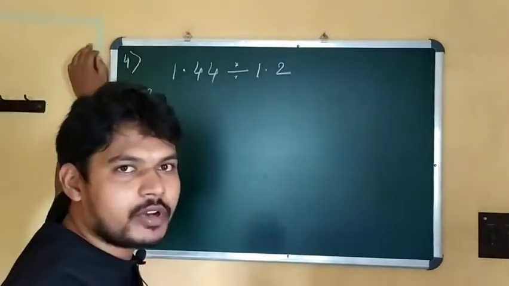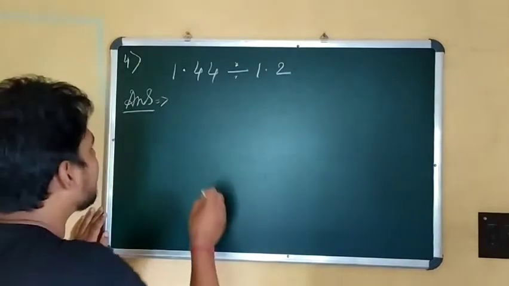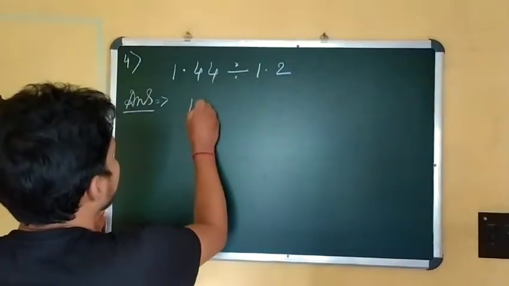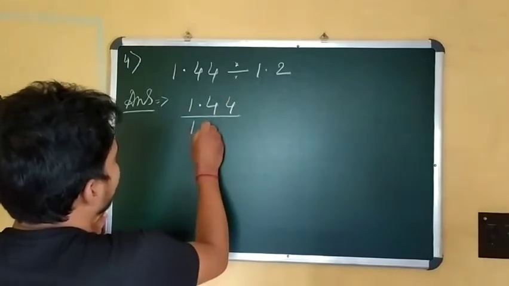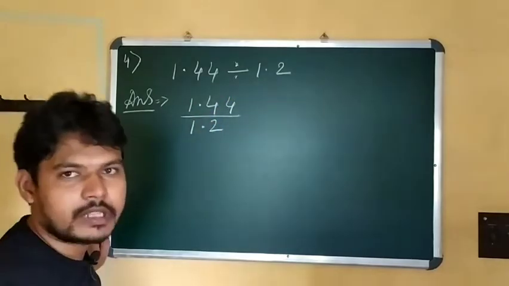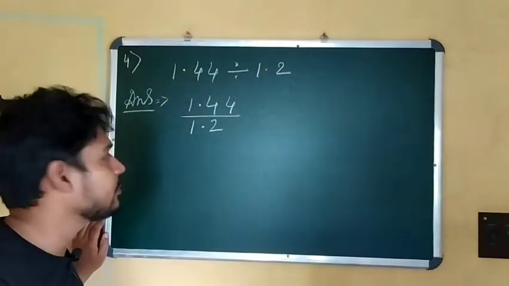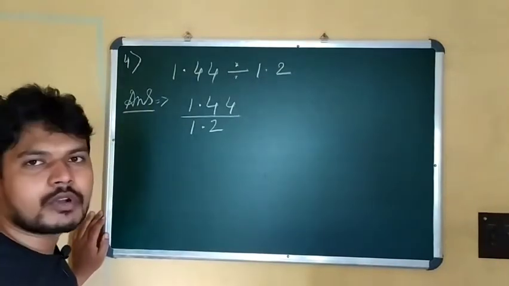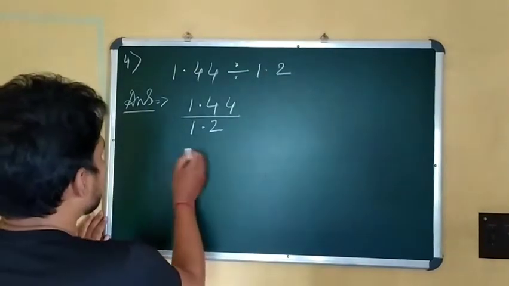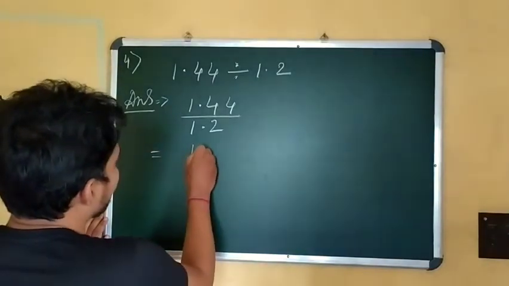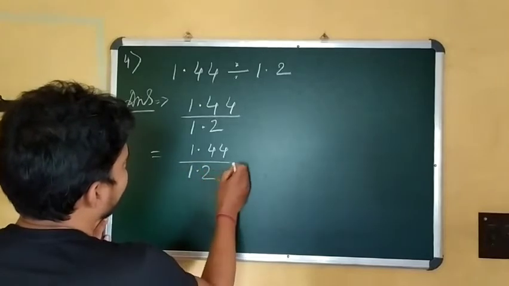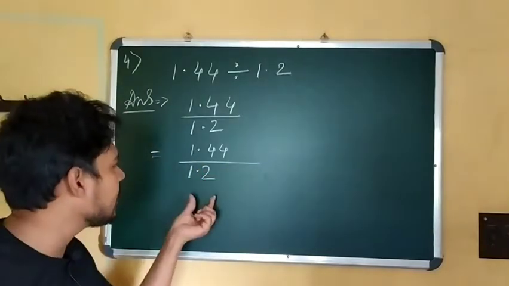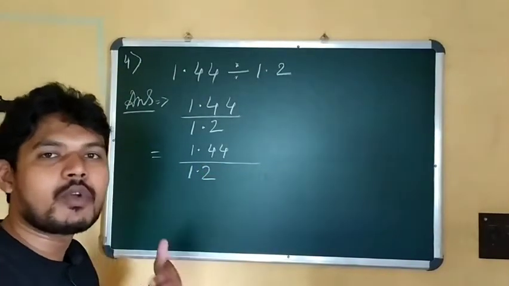So we have to follow the same procedure. At first you have to write this in the form of a fractional number, 1.44 over 1.2. That is our first step. Now you come to the second step. In the second step, you write down 1.44, the same number, but here you have to convert the denominator into a whole number.